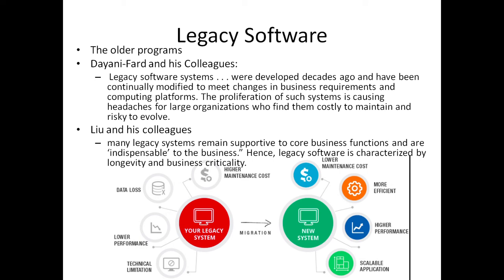The proliferation of such systems is causing headaches for large organizations who find them costly to maintain and risky to evolve. But from the point of view of Liu and his colleagues, many legacy systems remain supportive to core business functions and are indispensable to the business. Hence, legacy software is characterized by longevity and business criticality.